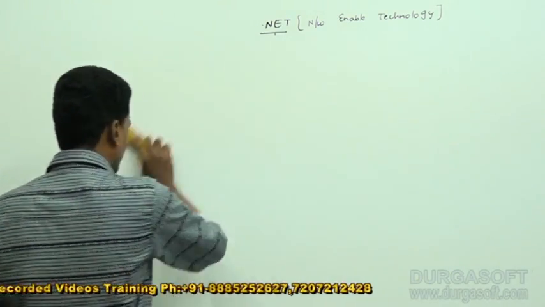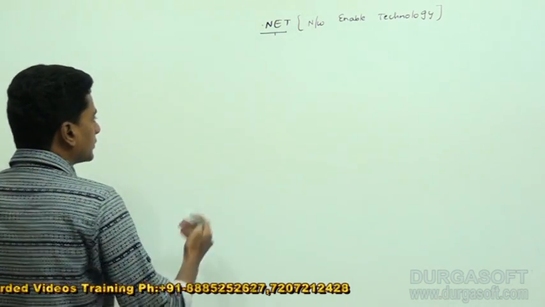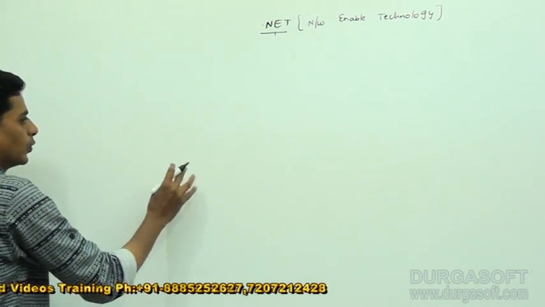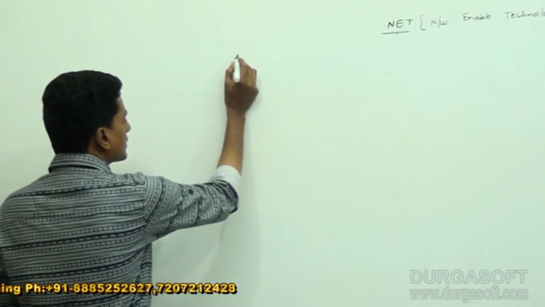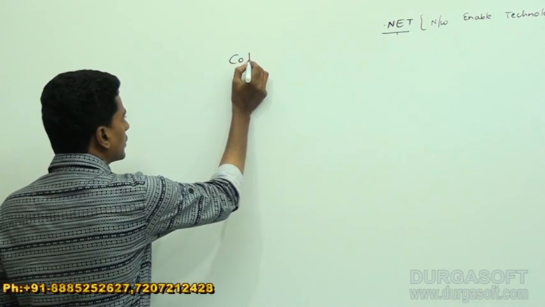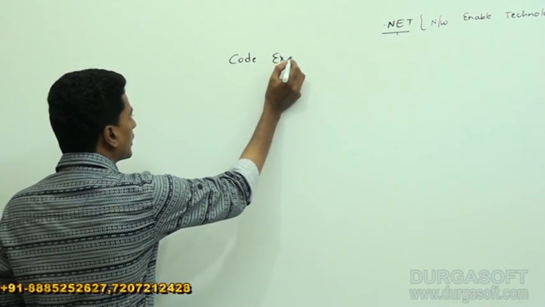Now here I am going to discuss that. So whenever we write code in any programming language of .NET, that code is considered as source code. Here I am going to discuss the code execution process in .NET.